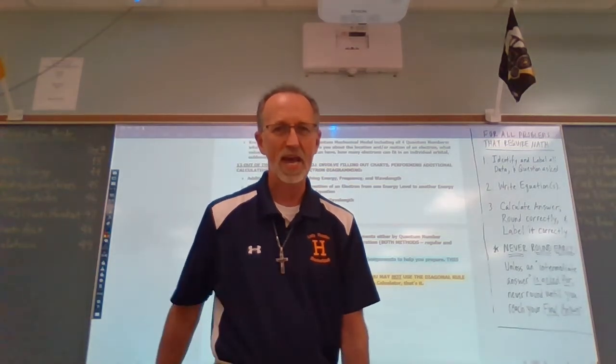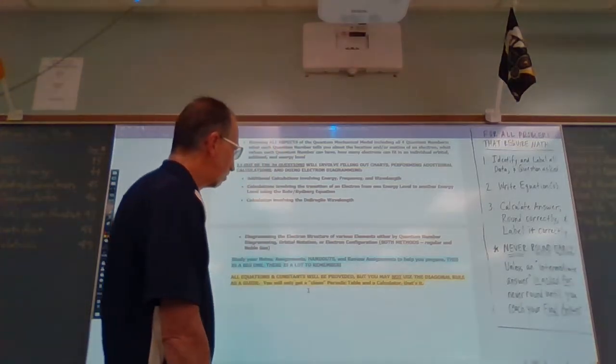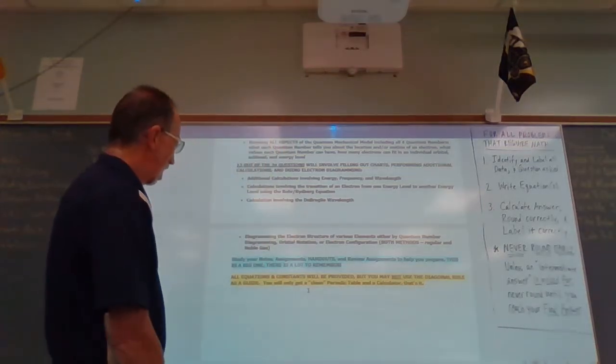Remember, that's how the periodic table is laid out, left to right, top to bottom, by the diagonal rule, by the order that the orbitals are filled. 1s, 2s, 2p, 3s, 3p, 4s, 3d, 4p, 5s, 4d, 5p, 6s, 4f, 5d, 6p, 7s, 5f, 6d, 7p. Not too bad for an old man, is it? All right. Make sure you know that.